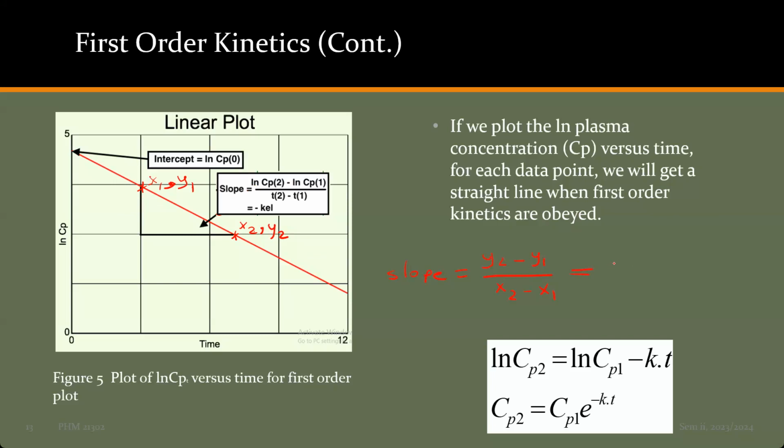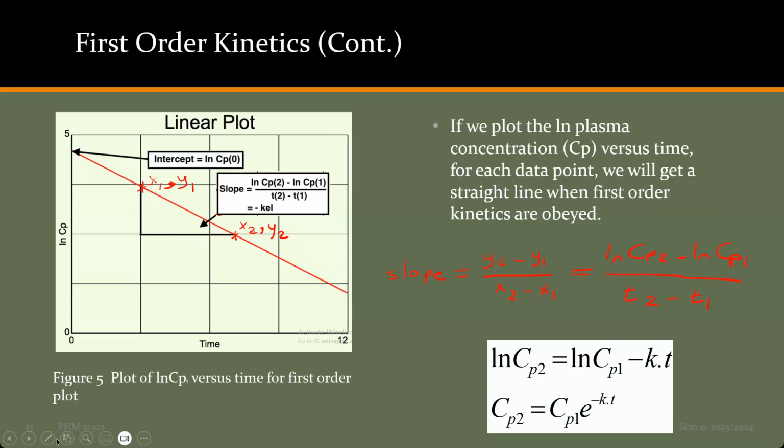So here y is ln concentration. So the slope is ln CP2 minus ln CP1, divided by T2 minus T1. This is the way to calculate the slope.